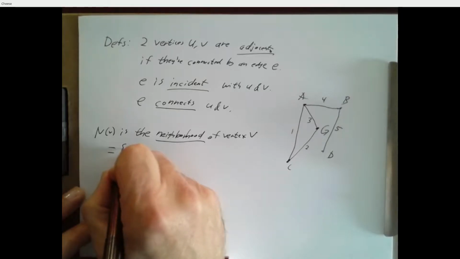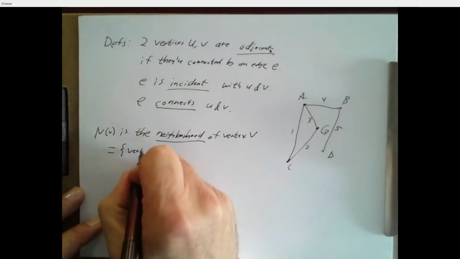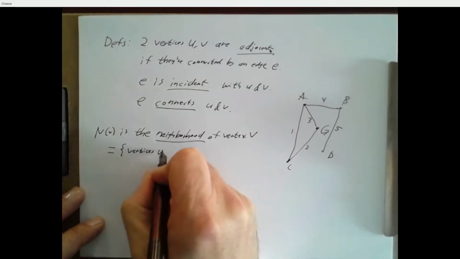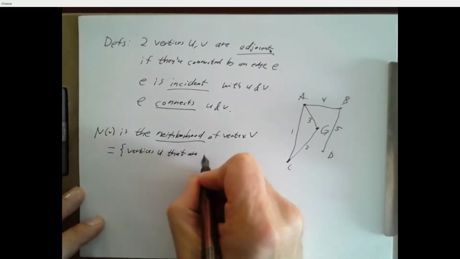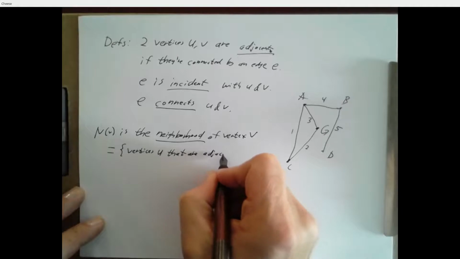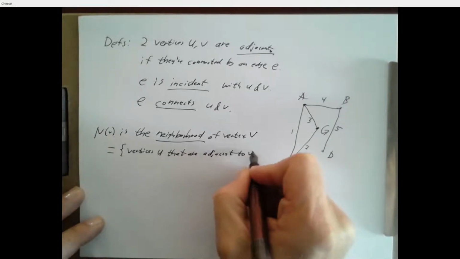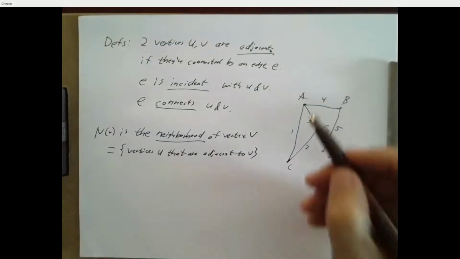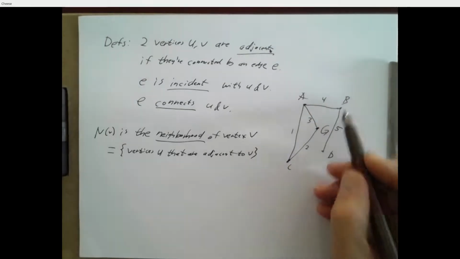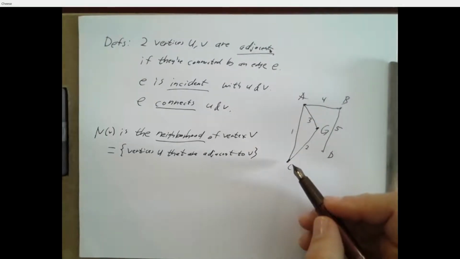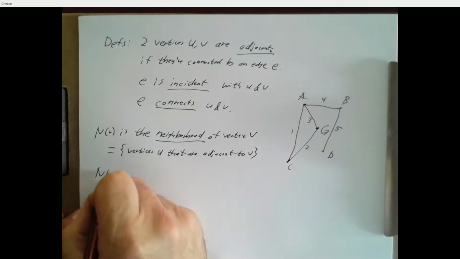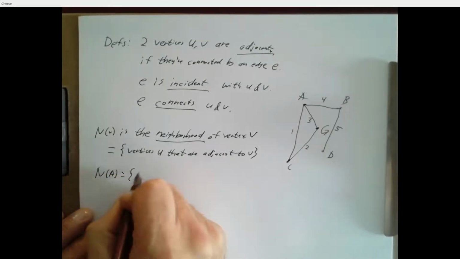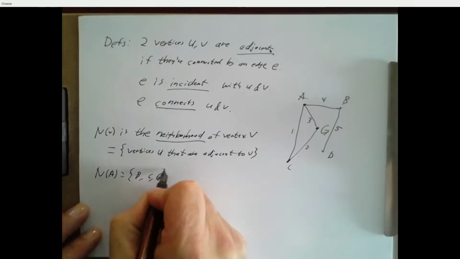And this is the set of all vertices U that are adjacent to V. So the neighborhood of A is B and G and C. It's all the vertices that are adjacent to A. So neighborhood of A is B, C, G.